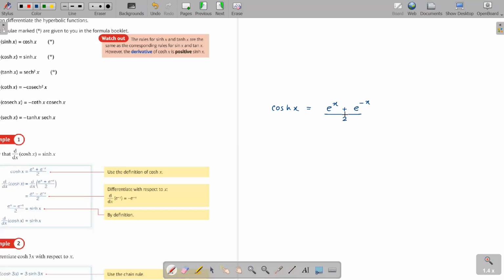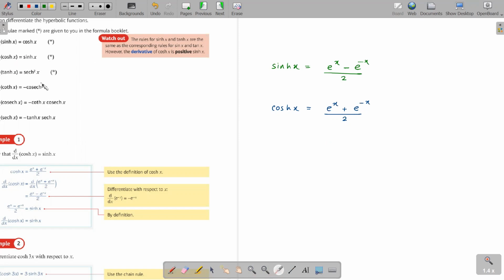So I'm going to differentiate this cosh x and we are going to generate the sinh x function. What is sinh x, by the way? Sinh x is e^x minus e^minus x over 2, right? Then we'll do the differentiation manually and see whether we actually get sinh x, because the rule is that cosh x differentiation gives sinh x.